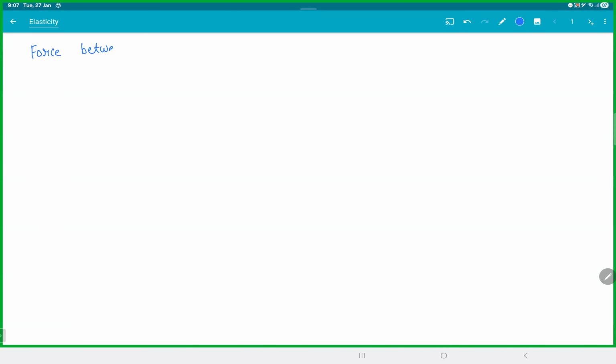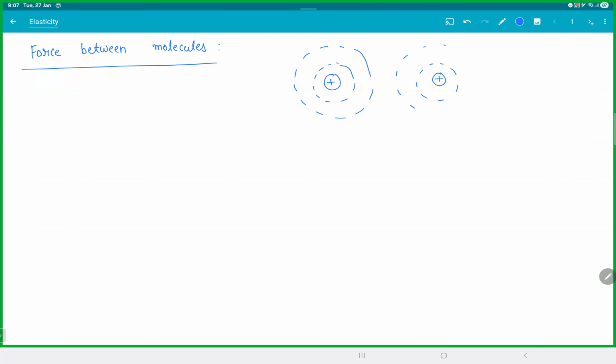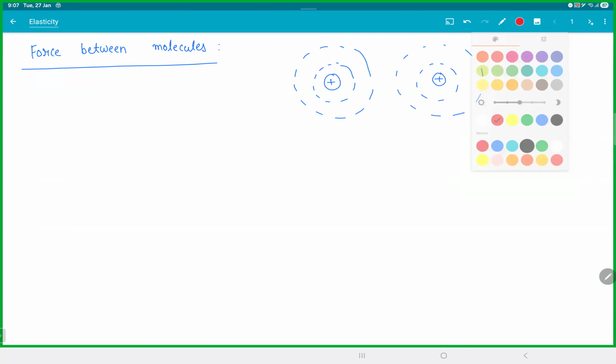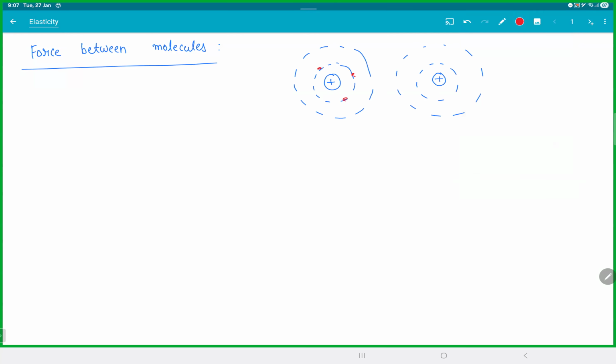So if you consider two molecules in a lattice, the force between molecules, this is what actually happens. Let's say you have a nucleus. Even though we say the atom is neutral, the electrons are randomly distributed, so all the charge is not in a single place like a nucleus.